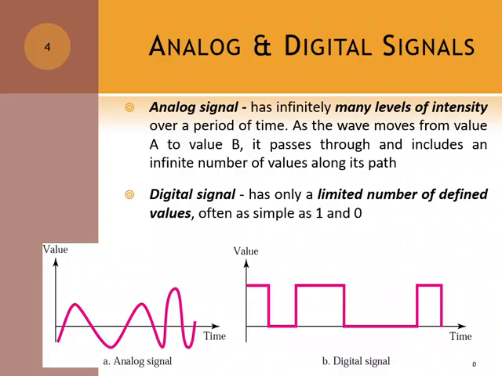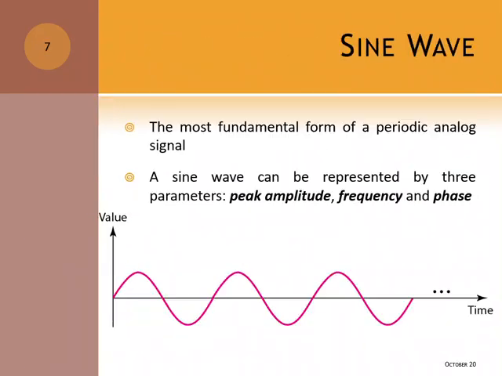Let me show you another example of periodic. Saya tunjuk contoh periodic. Compared to this one, this is periodic signal. Why? Because it has the same pattern repeated over time. Dia ada satu pattern yang diulangi dalam satu tempoh masa.